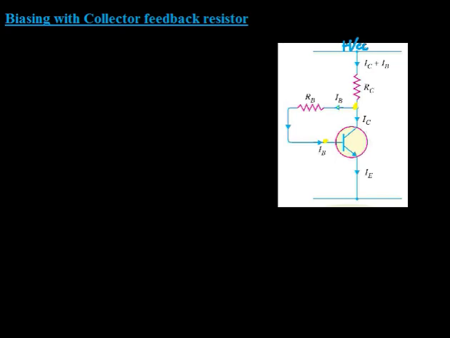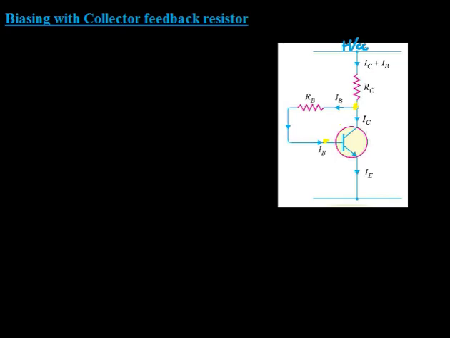But remember that in this type of connection, the output is taken from the collector circuit, and while connecting RB from collector to the base, we are providing a path for a portion of the output voltage to appear at the input.